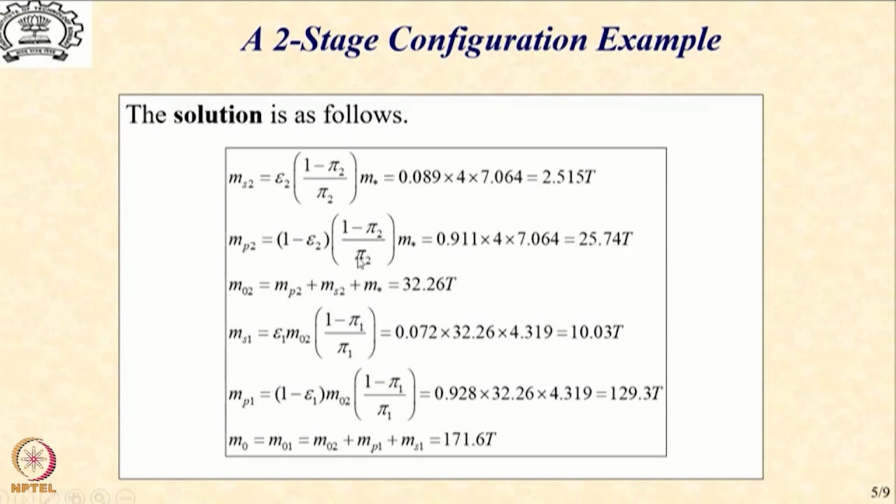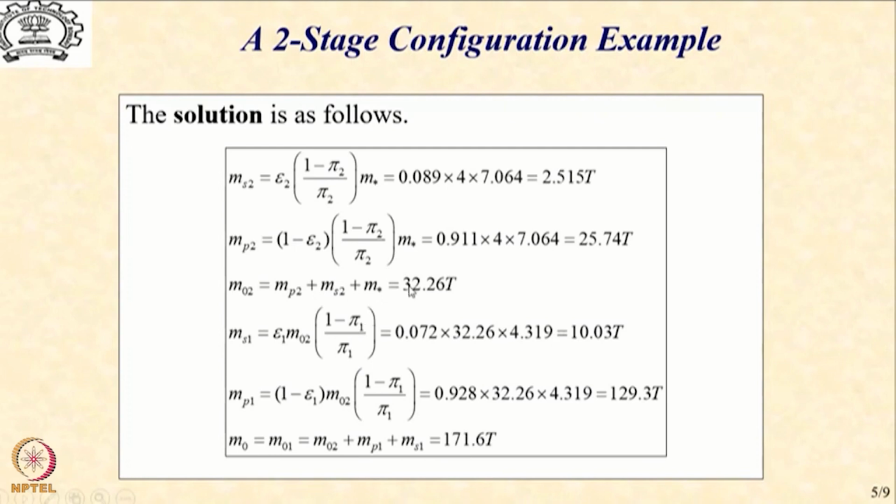Now, my starting mass for the second stage is MP2 plus MS2 plus M star. So this is nothing but my M02, because this is going to drive the configuration of the first stage.